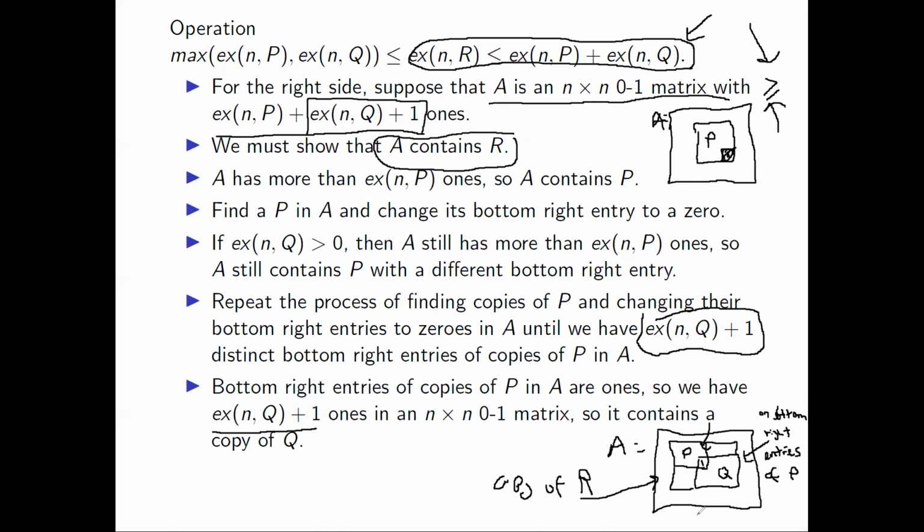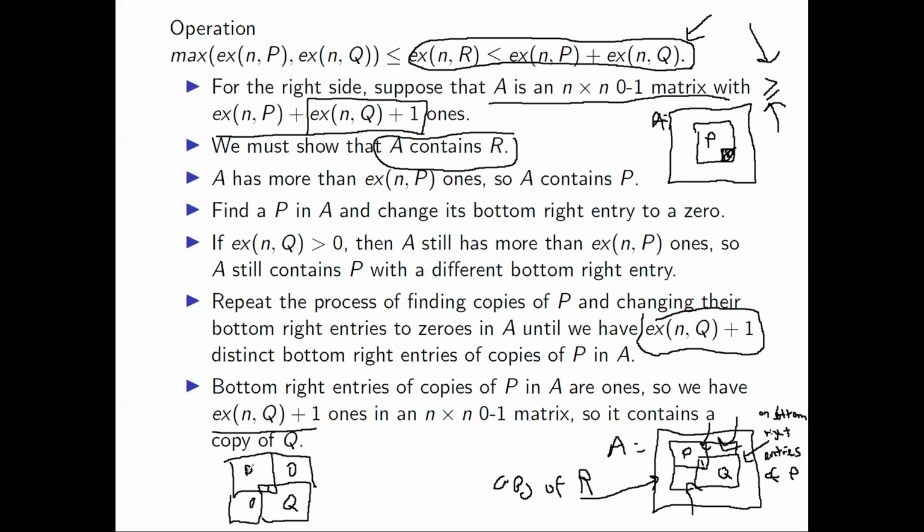I just want to note again, it doesn't matter what's down here or what's here, because to make a copy of R, for A to contain R, we're allowed to change ones to zeros. So if there's any ones in that bottom left corner or the top right corner, we can change them to zeros. And our matrix R, recall that it's created by overlapping P and Q at those corner ones and putting zeros elsewhere.